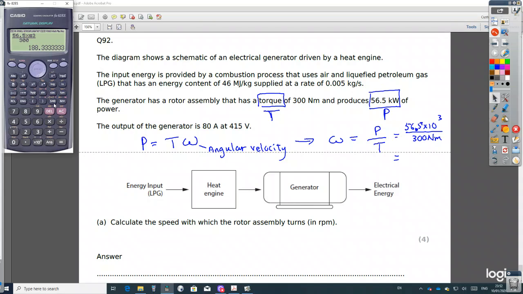And that comes to 188.33. And that's actually, if you don't know this by now, radian per second.